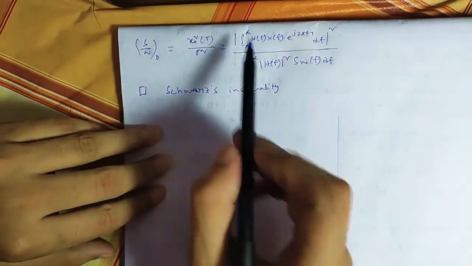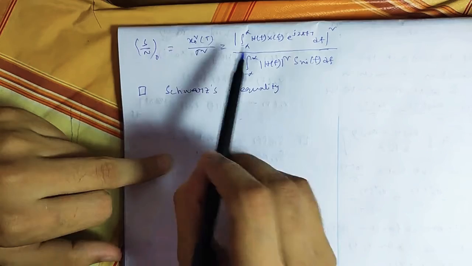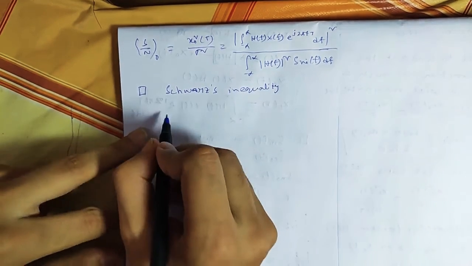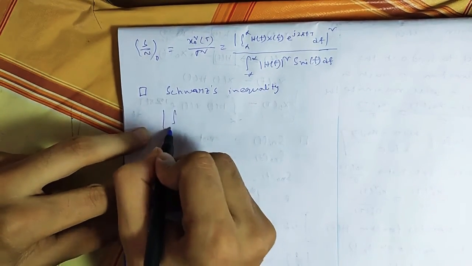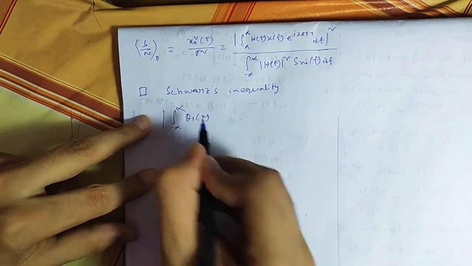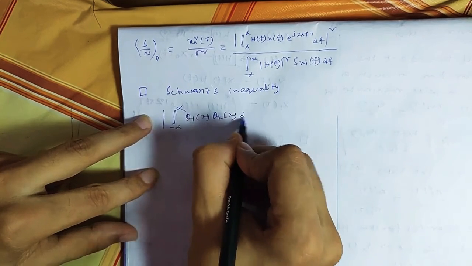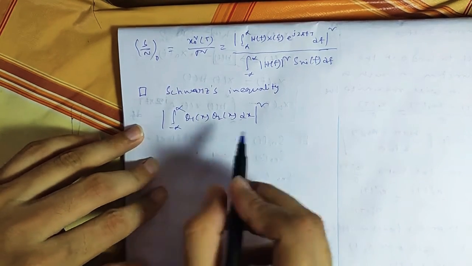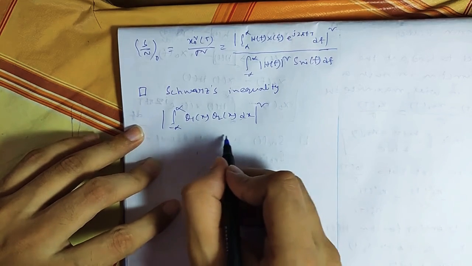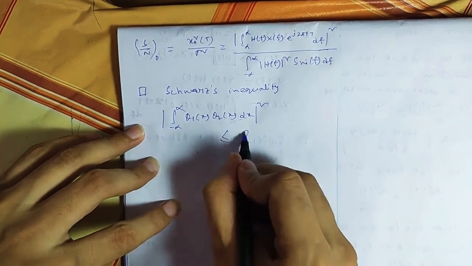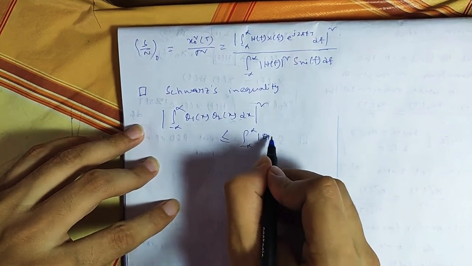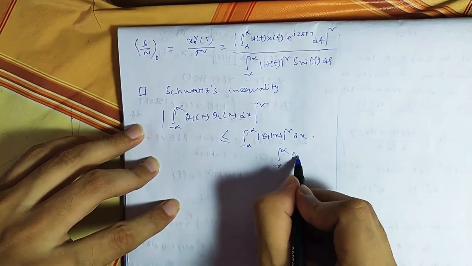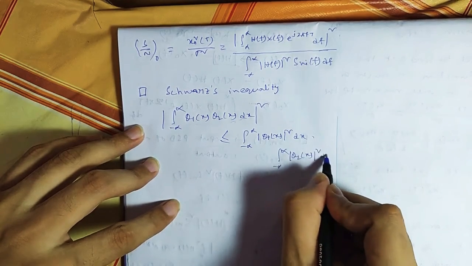So that was our expression, and to minimize this expression once again, we'll use Schwarz inequality, which tells that the square of the absolute value can be less than or equal to the integral from minus infinity to infinity of |theta 1(x)|² dx into the integral from minus infinity to infinity of |theta 2(x)|² dx.